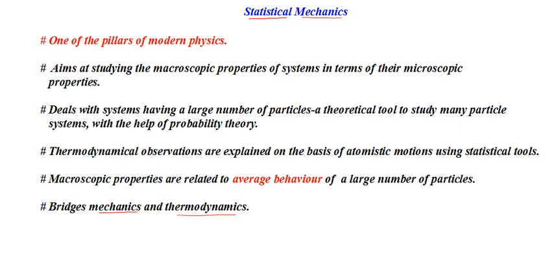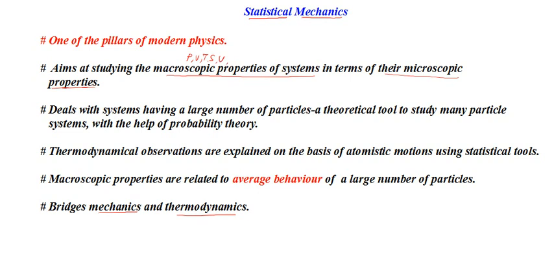So the basic aim is studying the macroscopic properties of the system in terms of their microscopic properties. What are the macroscopic properties of the system? Like the pressure, the volume, the temperature, the entropy, the internal energy, Helmholtz free energy.